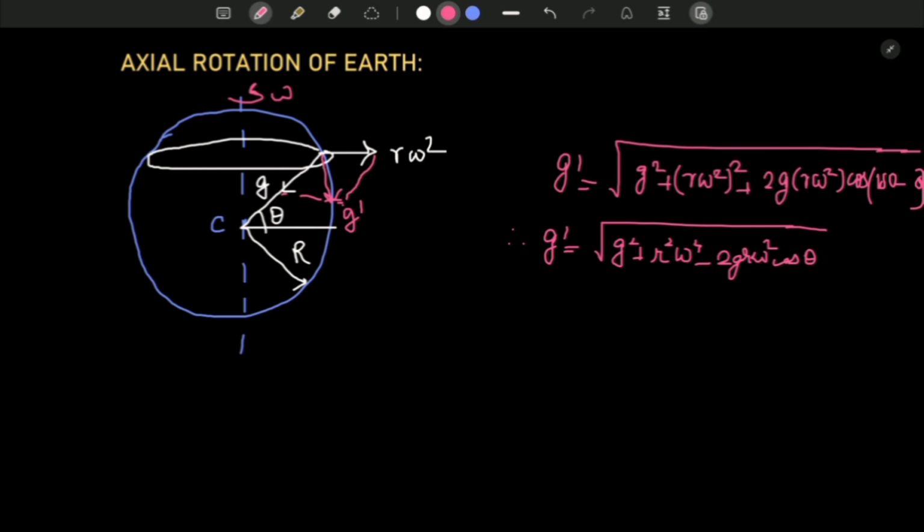Now the term r square omega to the power 4 is very small, because omega is 2 pi by T, and 2 pi by 24 into 3600, this is a very small term, so I can ignore it. So ultimately I will get g dash equals to (g square minus 2g r omega square cos square theta) to the power 1 by 2.